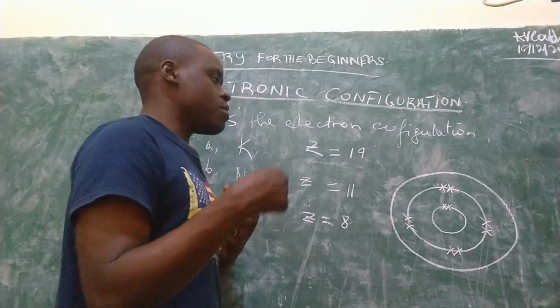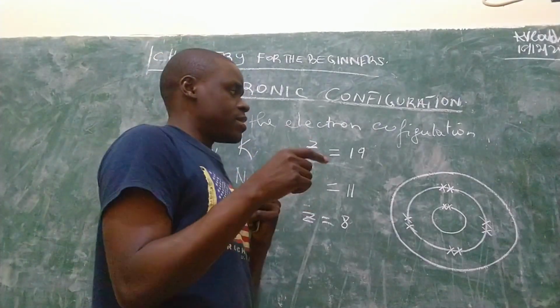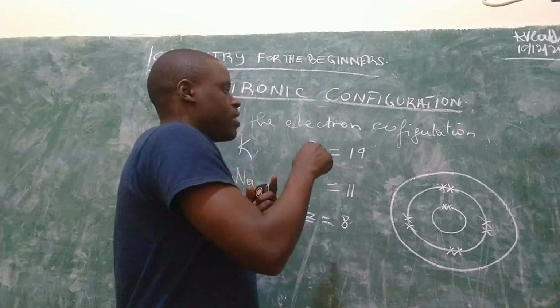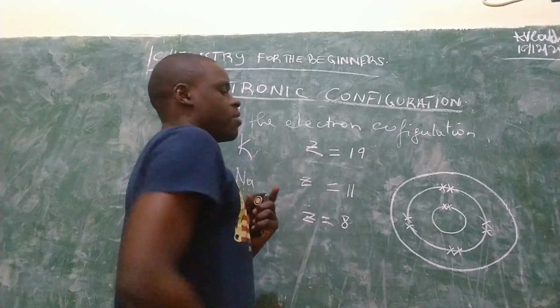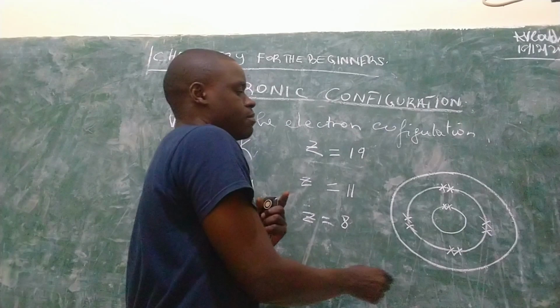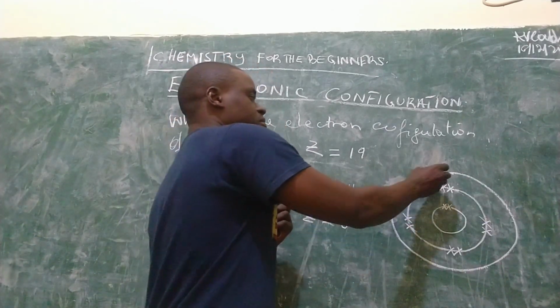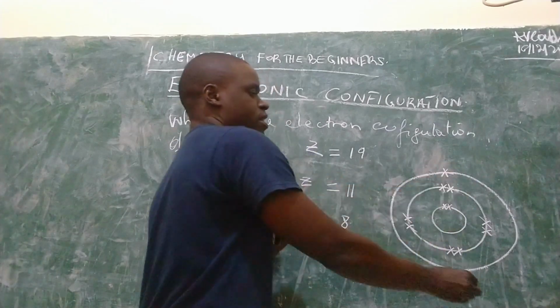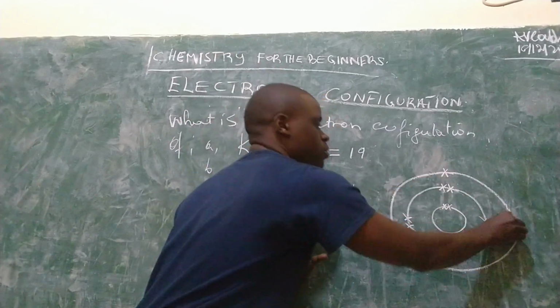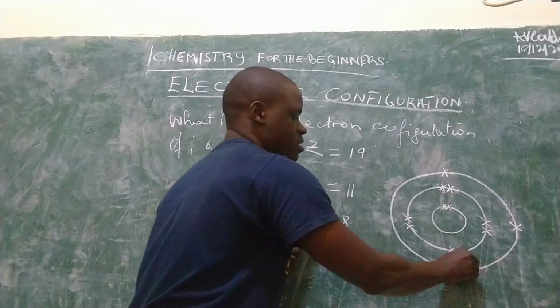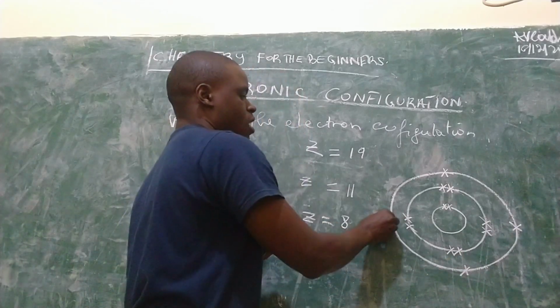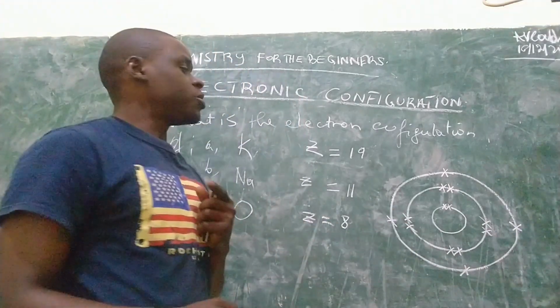We count to see that we are not going to exceed the number given, which is the atomic number of potassium. So here we have a total of 10, which are already installed, and then 11, 12, 13, and 14, which means we still have more.